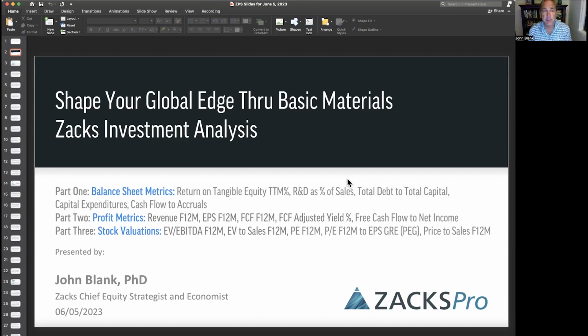These are the manufacturing materials of choice for everyone in the world, particularly China, mainland China. And we're going to be able to shape a global edge and a meaningful understanding of how the world economy is going to play out by understanding the component parts of basic materials. That is the bigger picture idea.